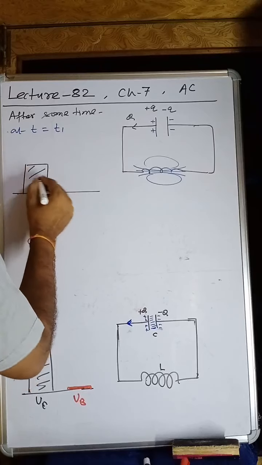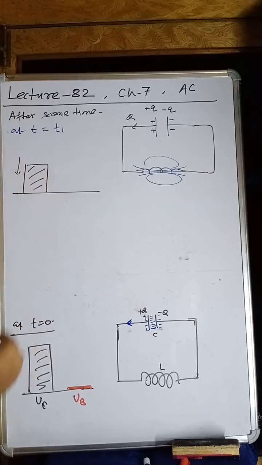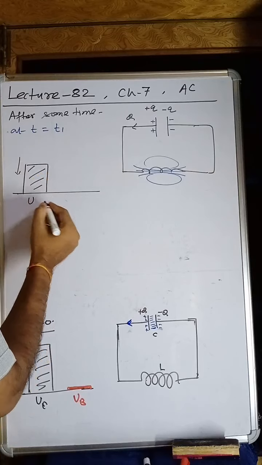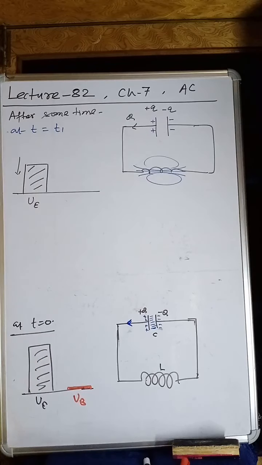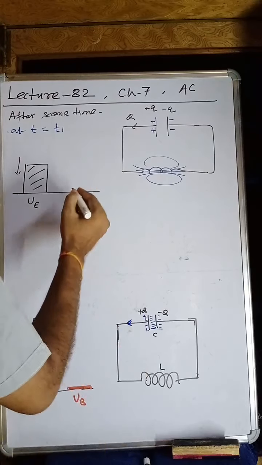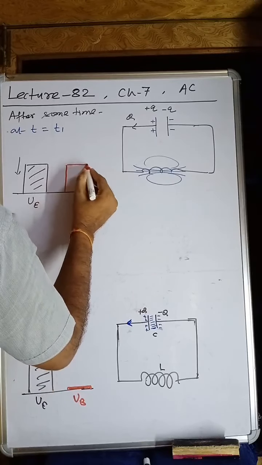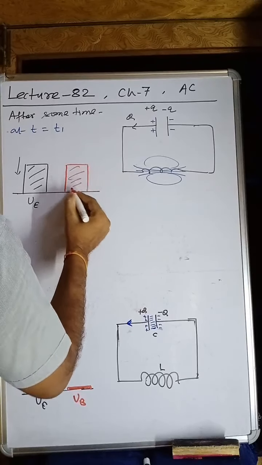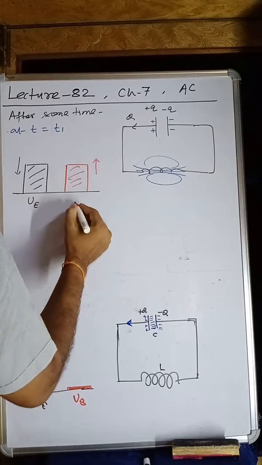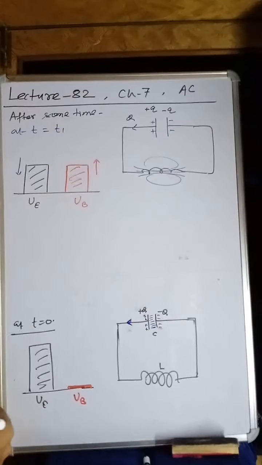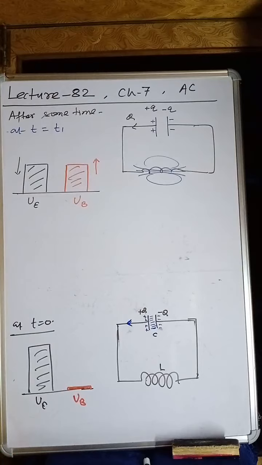Actually, what happened, my dear students? The energy of the capacitor, which was stored in the presence of electric field, goes down, and the energy in the inductor increases. Yes, it increases. How much energy can we write, my dear students? Look at it.